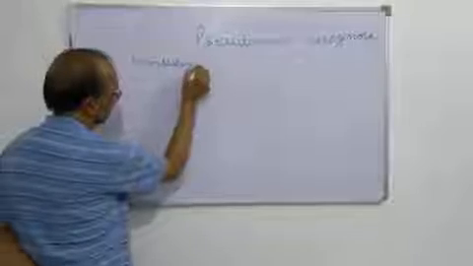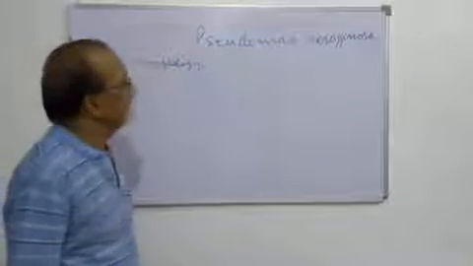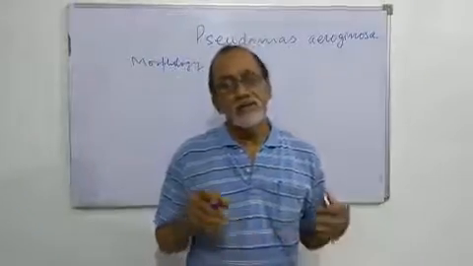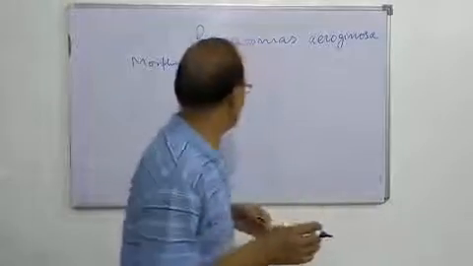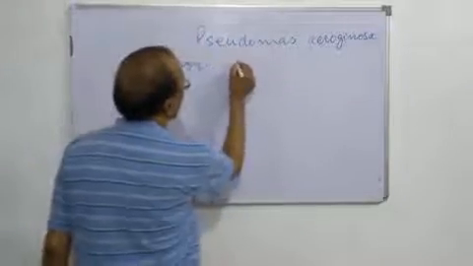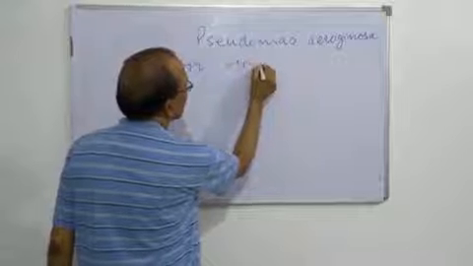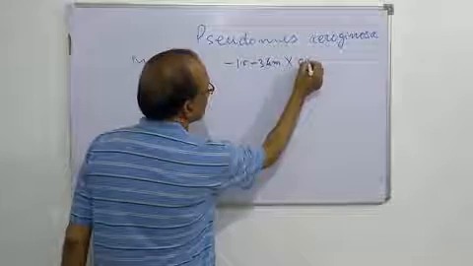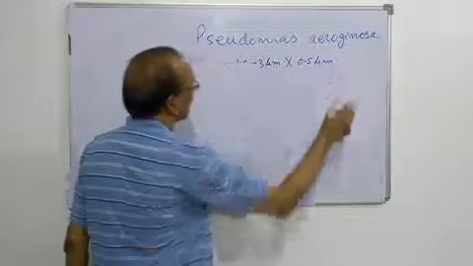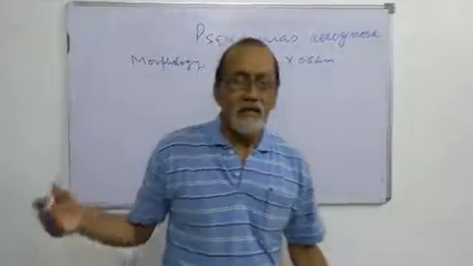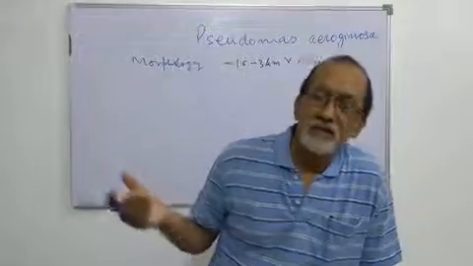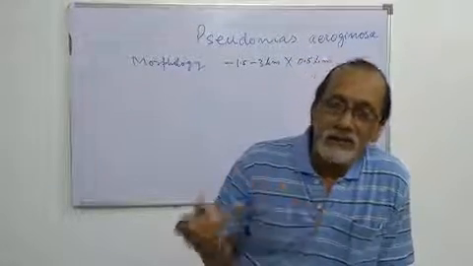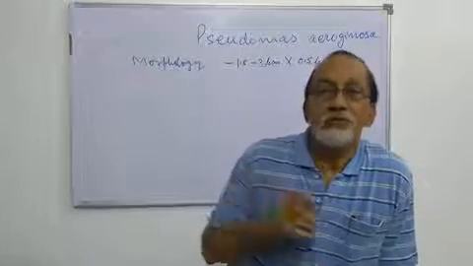First of all, Pseudomonas aeruginosa is a cylindrical, gram-negative bacillus. The measurement is 1.5 to 3 micrometers in length, and the breadth is 0.5 micrometer. They are actively motile, usually with a single polar flagellum, and occasional strains have 2 or 3 flagella.